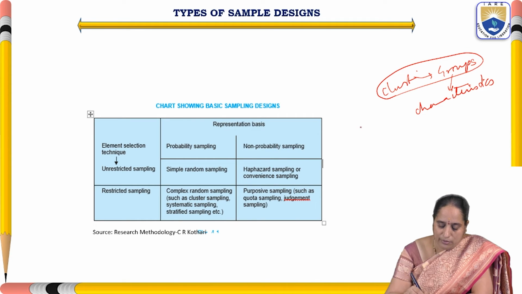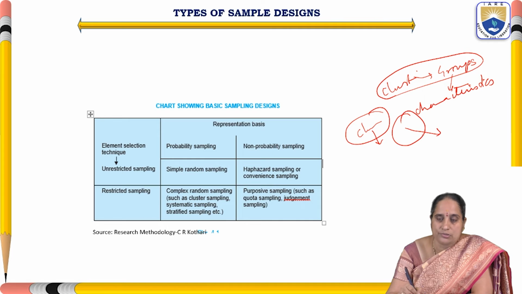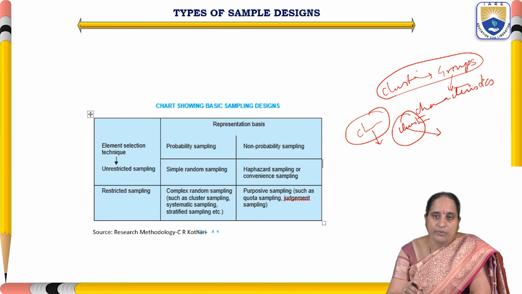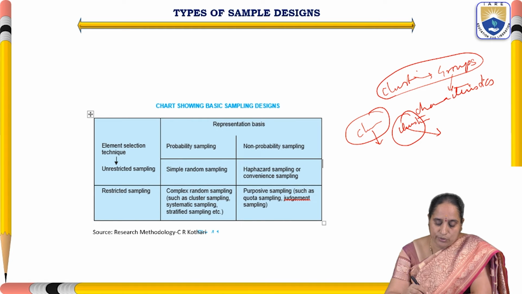For example, all BTech students are one cluster, MBA students another cluster. Like that, we form different groups by taking any one characteristic as the basis.